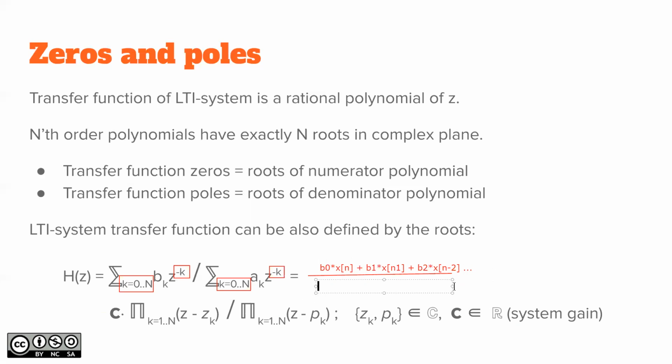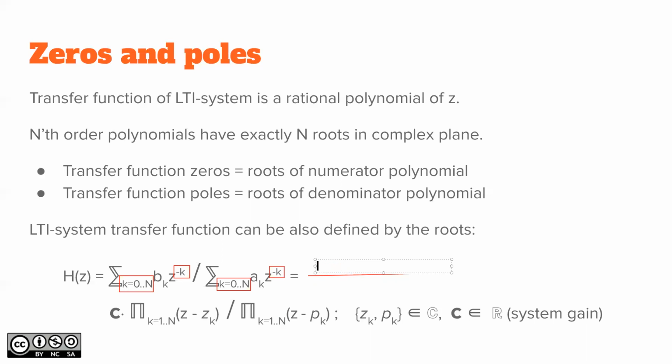The denominator polynomial here is simply in z to the minus 1. B0 z, so that's actually a scalar times B1 z to the power of minus 1.